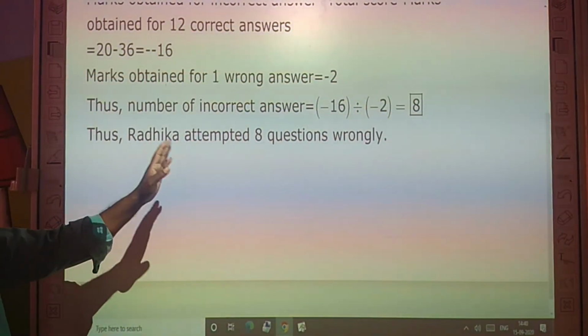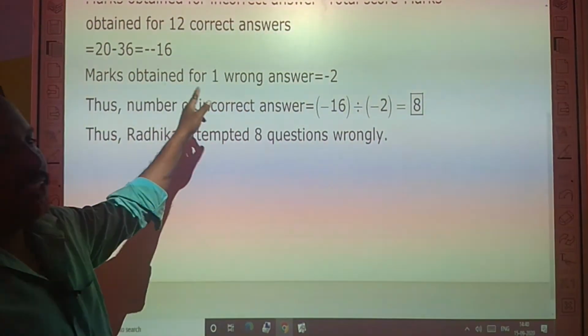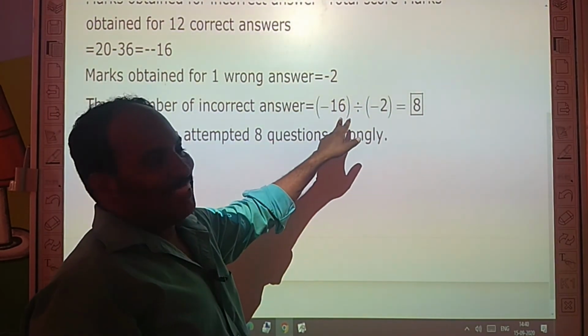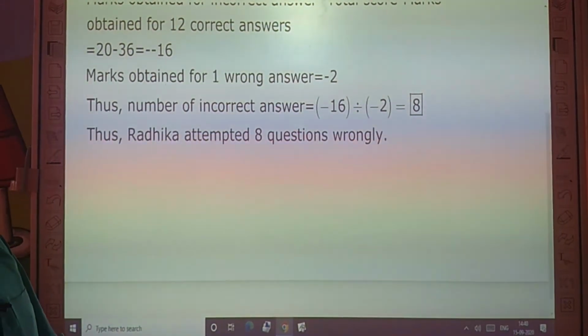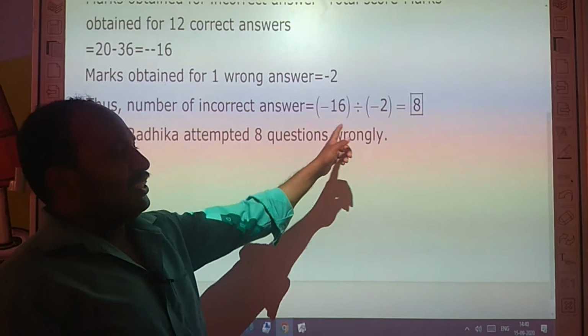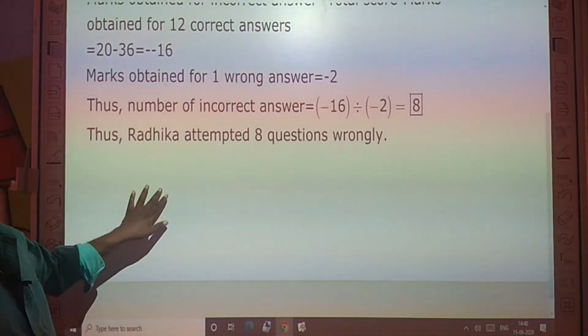The number of incorrect answers is equal to minus 16 divided by minus 2, where minus 2 is the wrong answer mark. Minus divided by minus is plus, so 16 divided by 2 is equal to 8. So Radhya attempted 8 questions wrongly.